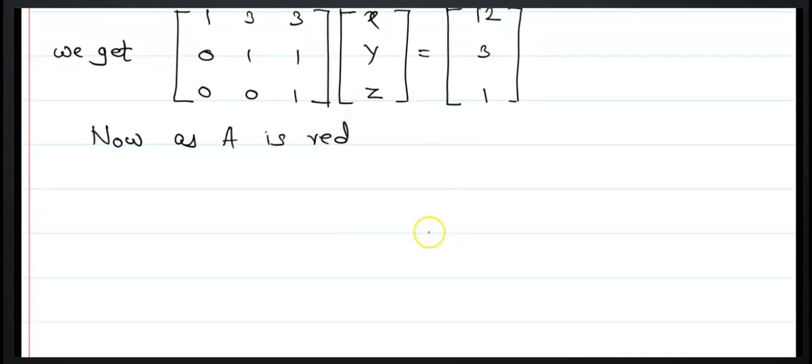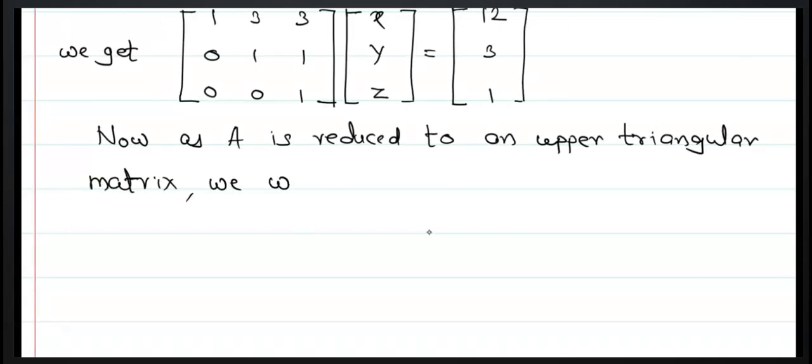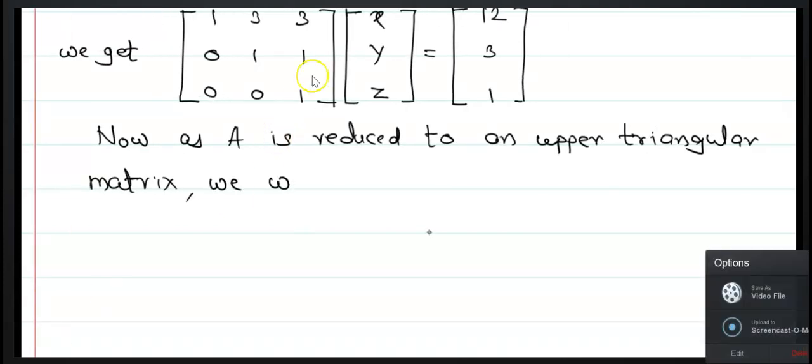Now as A is reduced to an upper triangular matrix, on their multiplication, the first row, first column gives x + 3y + 3z = 12. Here 0x becomes 0, so y + z = 3. And the last is 0x + 0y + 1z, that equals 1.